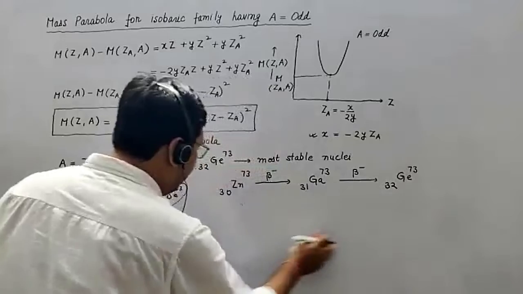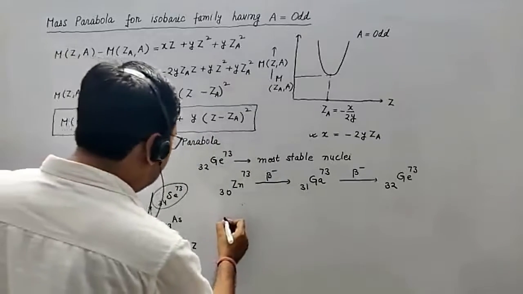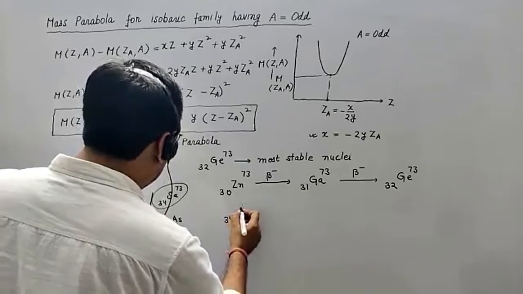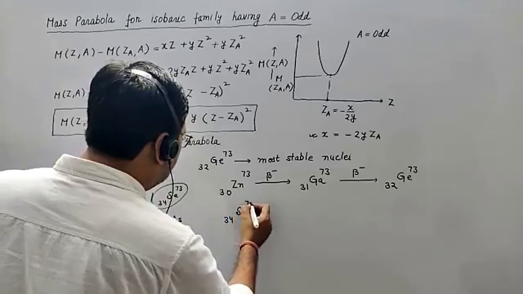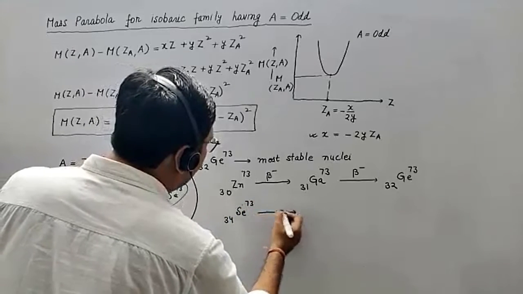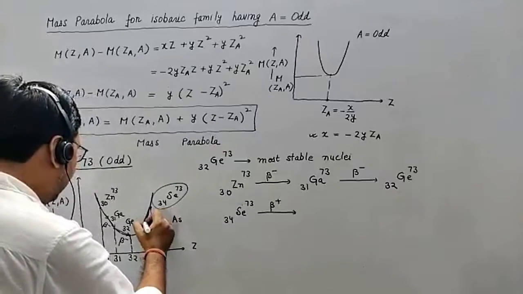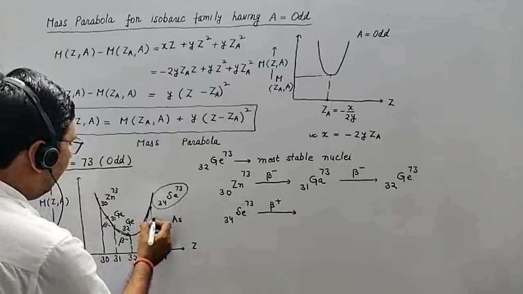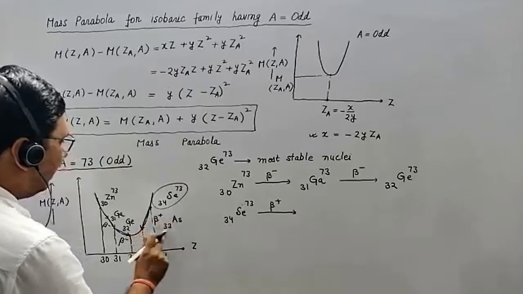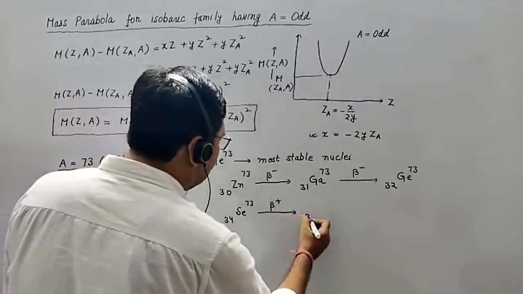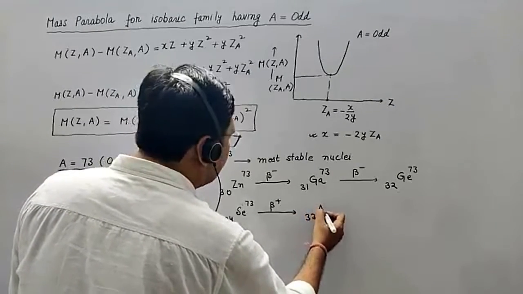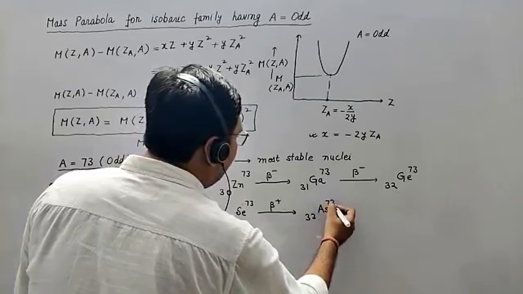How? Basically this process will be like this. This 34Se73 will emit a beta plus particle, and by emitting this beta plus particle, it will convert into 33As73.